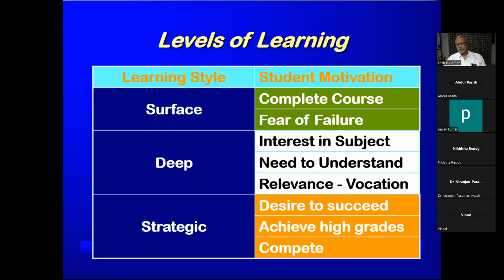There, you're looking at a minimum of deep level of learning and almost always strategic learning, where there's a desire to succeed and compete, not necessarily with the rest of the world, but yourself, and to give out your best. That is what we look at when we talk about strategic learning, so that you are giving out your best to your patients and achieving the best results.